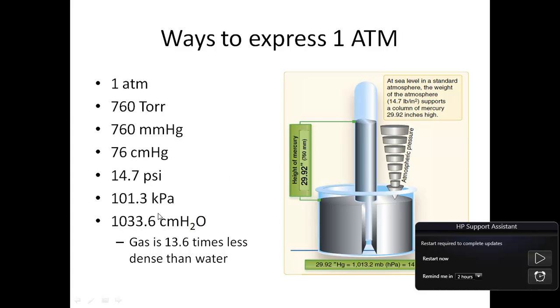So if we compare centimeters of water to millimeters of mercury, mercury is 13 times more dense than water. So the way we measure these is based on the density of the fluid that's being used.